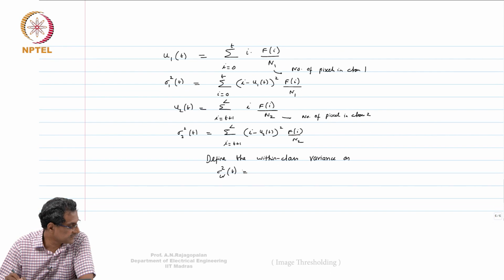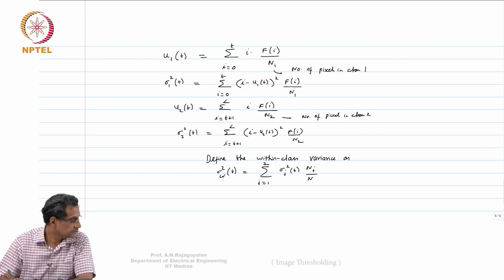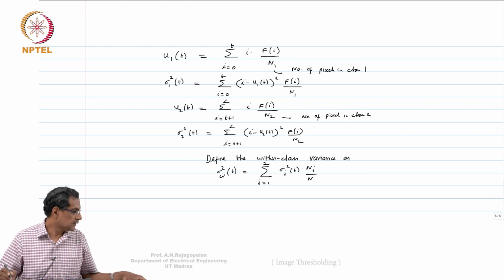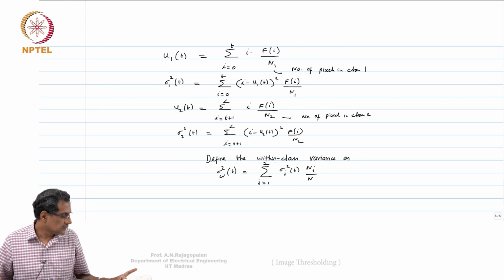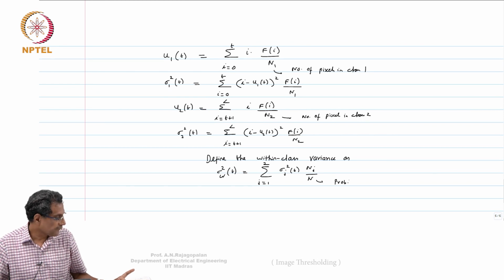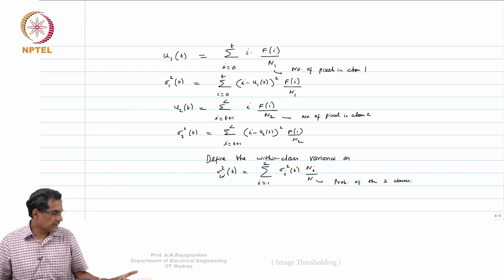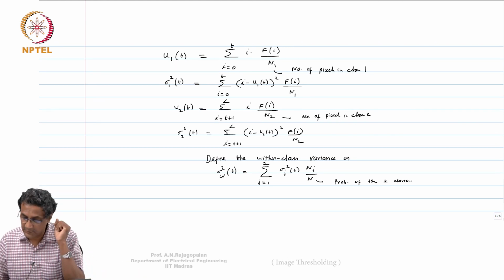Sigma square w of t is equal to the summation j equals 1 to 2 of sigma j square of t into nj by n, where nj by n denotes the probability of the two classes.